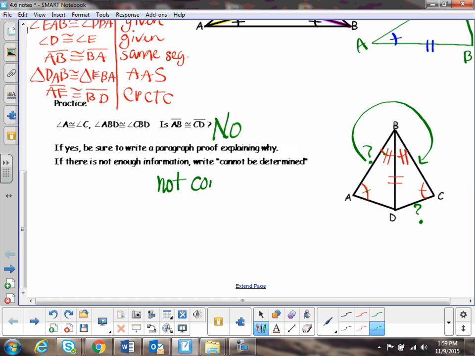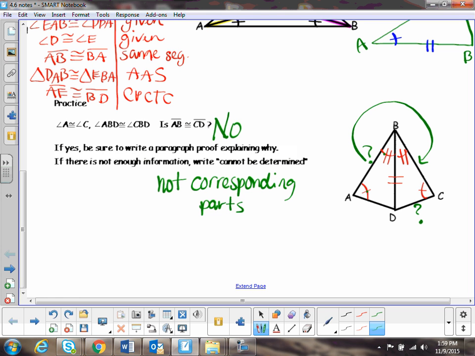Just because the triangles are congruent, they might try to trick you: you might go through the whole proof and all the steps and say AB is congruent to CD because of CPCTC, but they're not corresponding parts. So just put not corresponding parts.